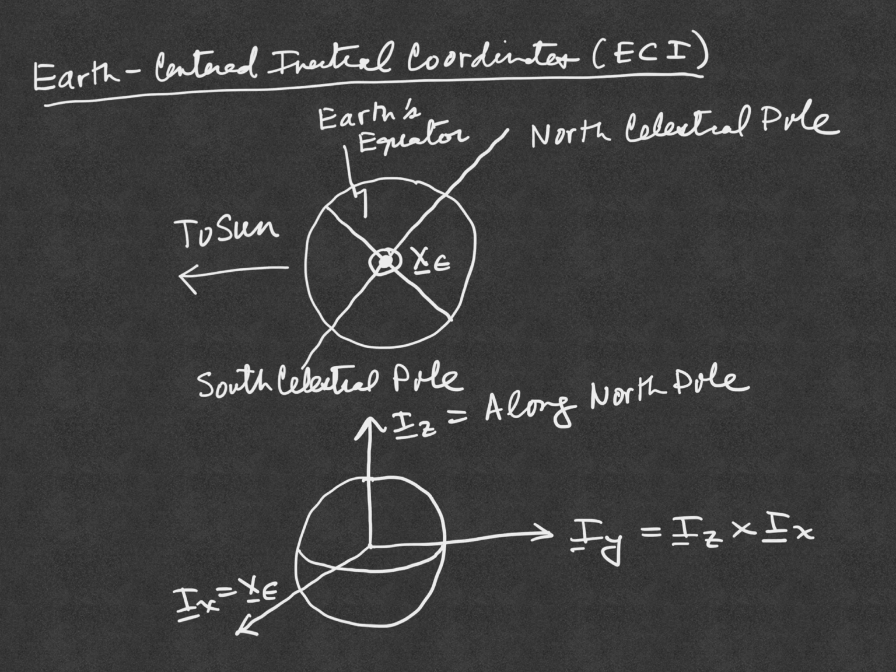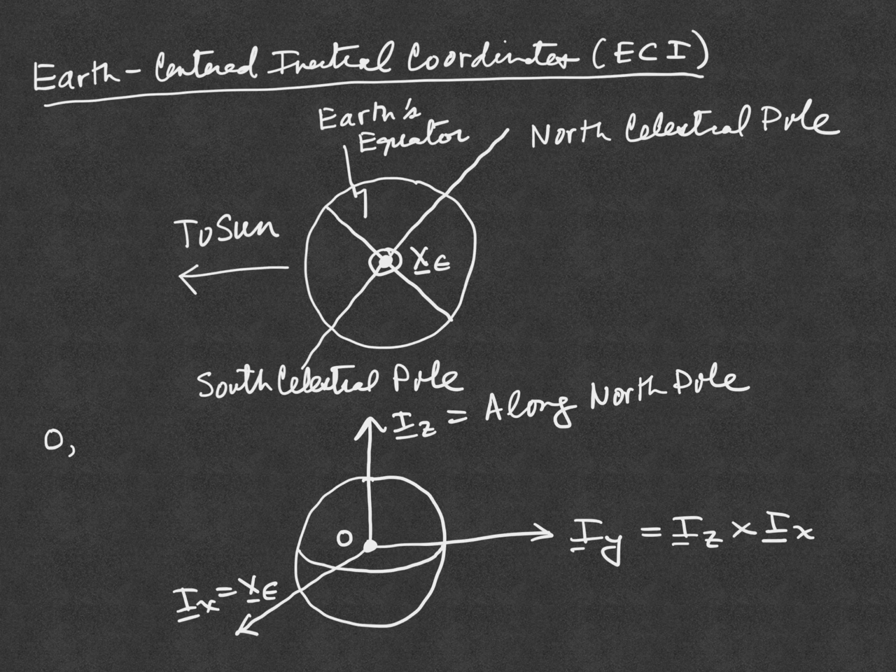Now the Earth, of course, is moving in its orbit. And this point right here is the center of the Earth, which I'm going to call O. So the spacecraft is somewhere out here. It doesn't matter where the spacecraft is. I'm not interested in the spacecraft right at this point. But this coordinate system, O, which is the center of the Earth, together with Ix, Iy, Iz, that's what's called ECI coordinates.